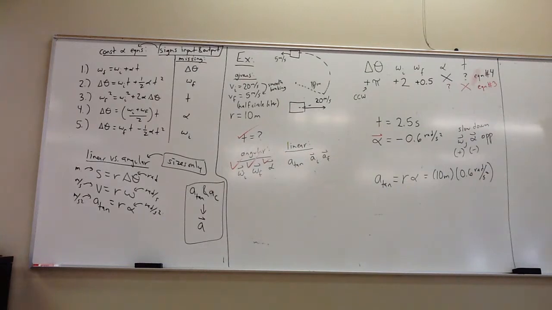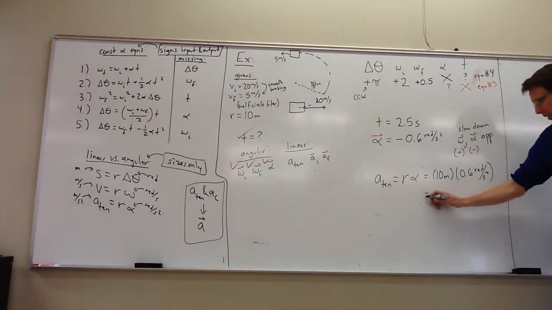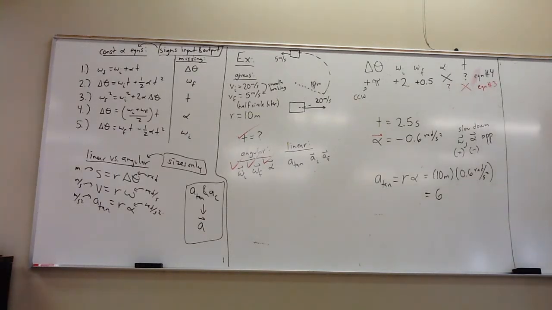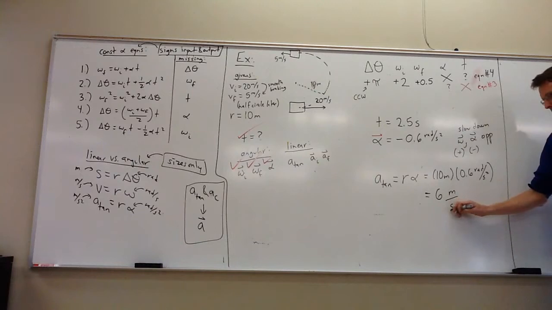All right? So let's see what we get. Well, we get 10 times 0.6, that's 6. And then the units appear to be meters radians per second squared. We can unceremoniously kick the radians out of there now that meters is going to slide in and hold down the units in the numerator. And then we have a tan.